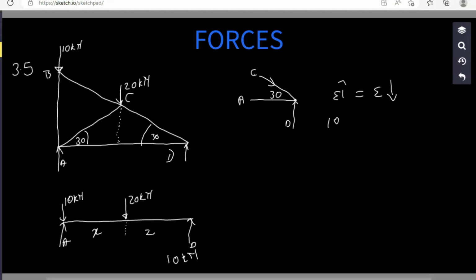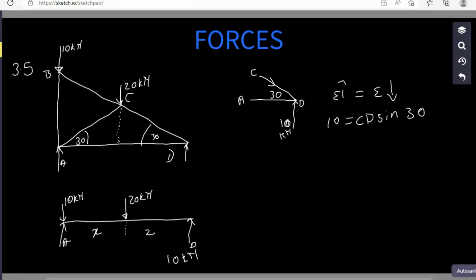The component of D is here, so it will be CT. The component of CT, which is the vertical component, will be going down, and it will be CT sine 30.